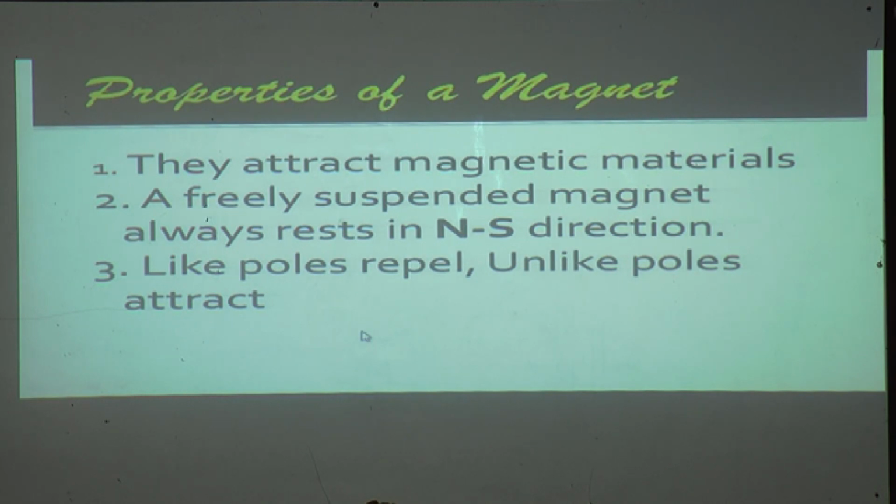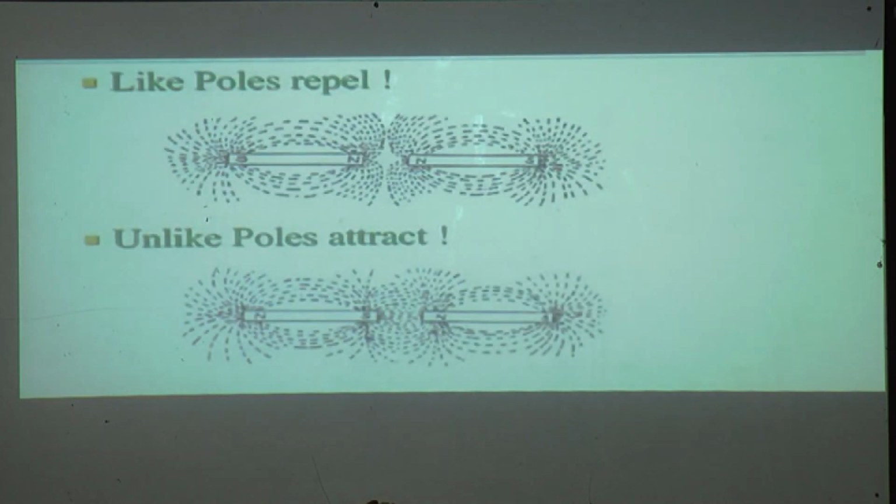So these are the properties of magnets. Like poles are given here and unlike poles are given here. Here you can see two magnets we have taken. This is a south pole, this is a north pole, and another magnet we keep closer to this north pole. Another one has a north pole and a south pole. These north poles are not going to attract each other, they are going to repel.